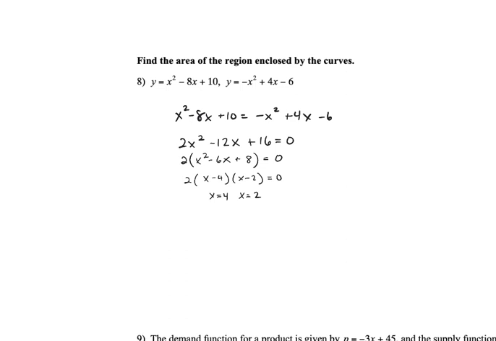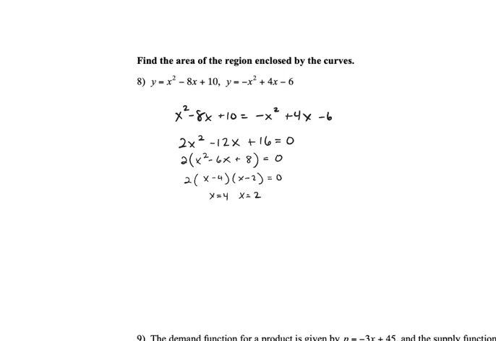Now, the next step is to figure out between x equals 2 and x equals 4, which one is the upper function and which one is the lower function. We have a pretty good idea just based on that crude drawing that we had, but the way to make sure is you choose a value between your bounds of integration and plug it into each function. So I'm going to choose x equals 3.